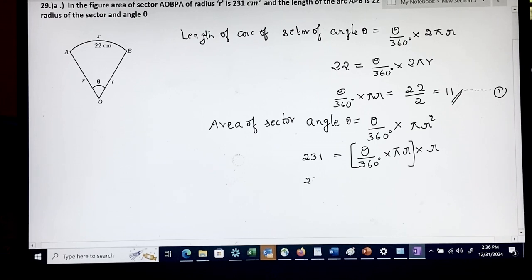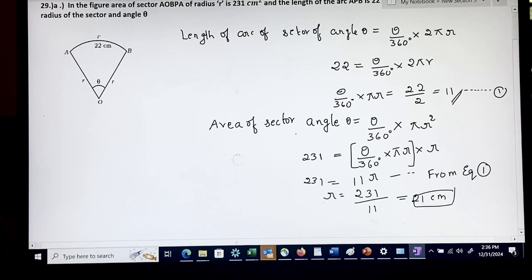So 231 equals 11 r. That means r is 231 divided by 11, that is 21 centimeter.